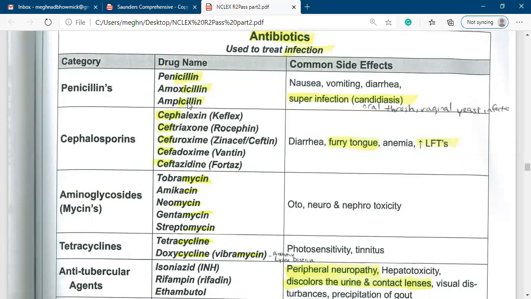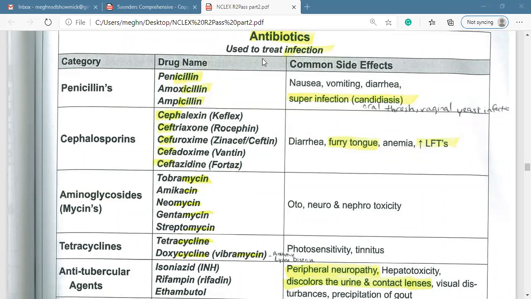But if you ask what is the indication of penicillin, as I told you, bacterial infection, to control or kill the bacteria. Basically, penicillin acts on the bacterial cell wall.